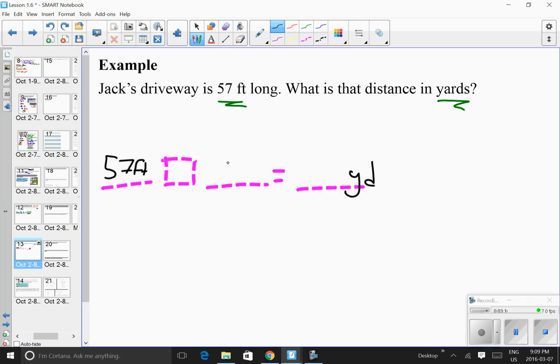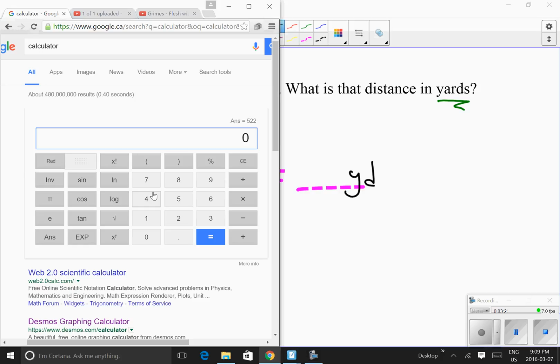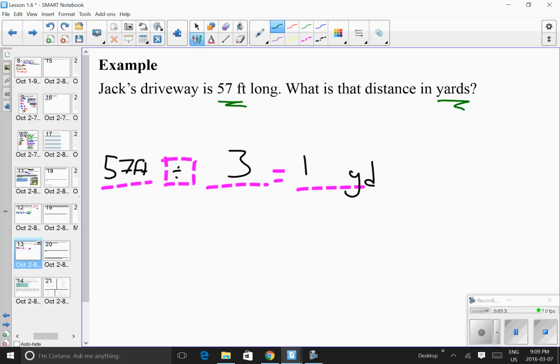Again, we know from the previous slide that there's 3 feet in a yard. But this time, since I'm changing to the bigger unit, my number needs to get smaller. So 57 divided by 3. 19 yards. And that's my answer. Cool, cool, cool.